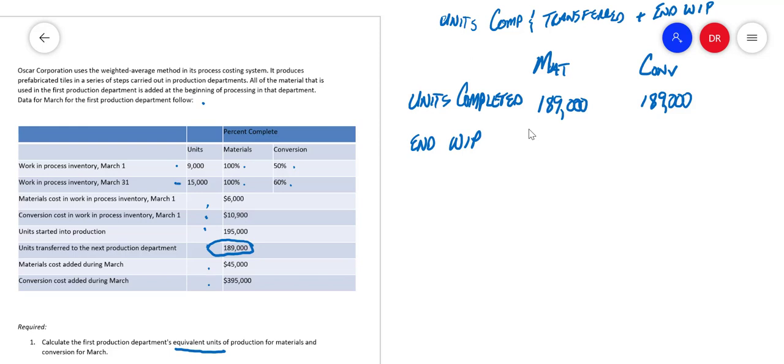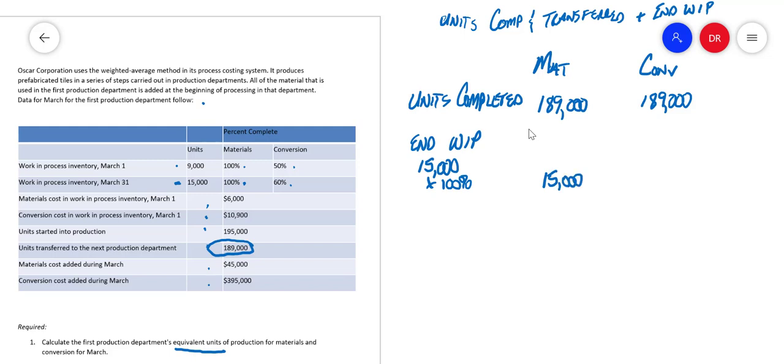is right here. We have 15,000 units in ending work in process, but we need to factor them by the percentage complete. So for materials, it's 100%, so we take 15,000 times 100% for materials, 15,000 units.